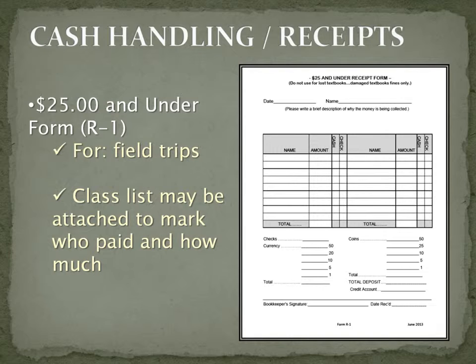The class list must be marked to indicate the date, how much each student paid, and whether the payment was made in cash or check. The class list will also be used to verify the amounts collected. However, an Activity 3-Part receipt must be used when receipting for lost library books or textbooks.